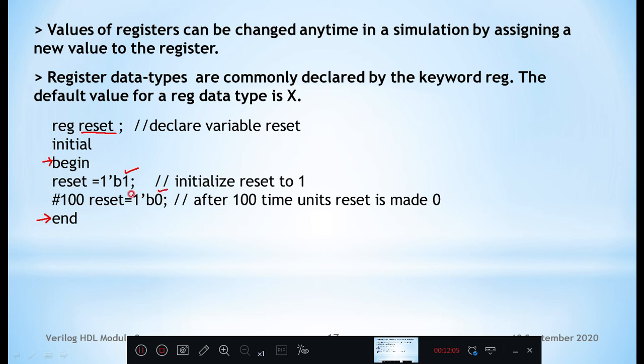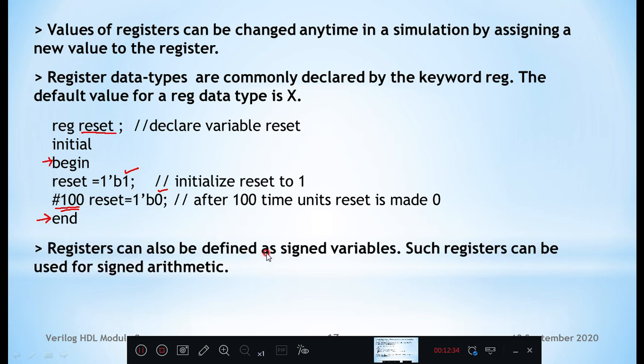So what we have seen is we define reset as a register, a variable, initialized with value 1. After 100 time units you change the value of reset to 0. Whichever value we assign to reset, that value is updated after the time mentioned.